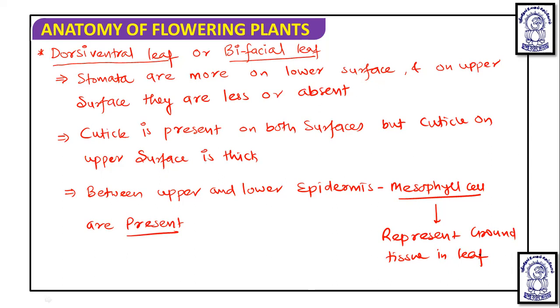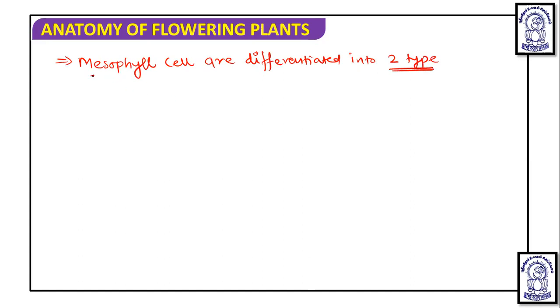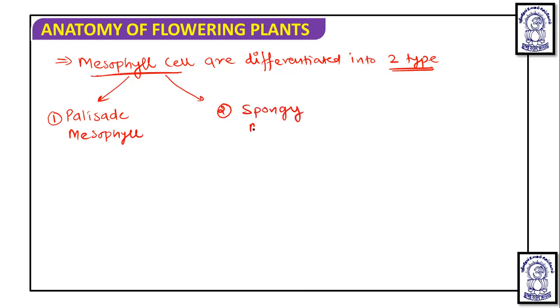But when we see the mesophyll cell in this dicot leaf or bifacial leaf in a transverse section, these mesophyll cells are differentiated into two types, and these two types are one is palisade mesophyll and second is spongy mesophyll.